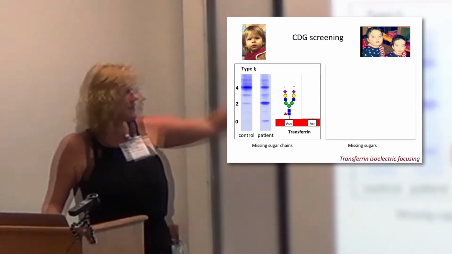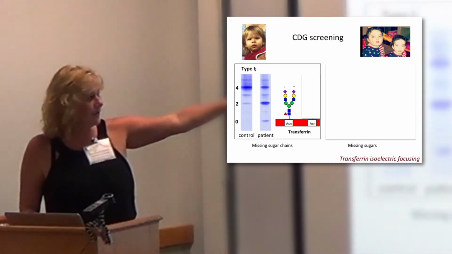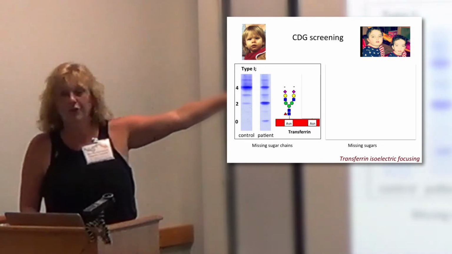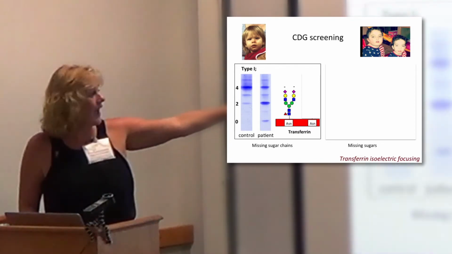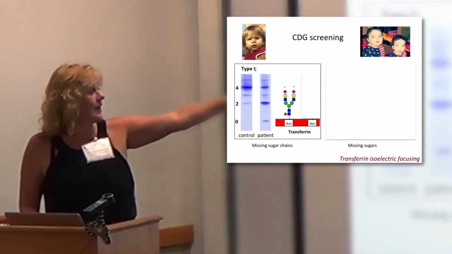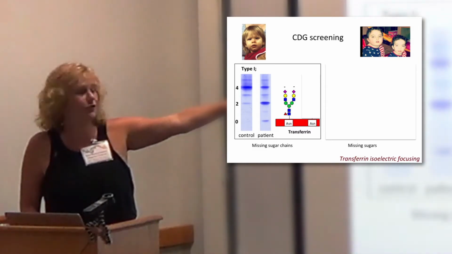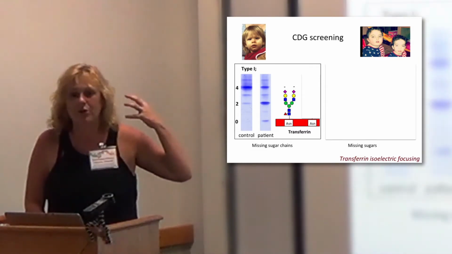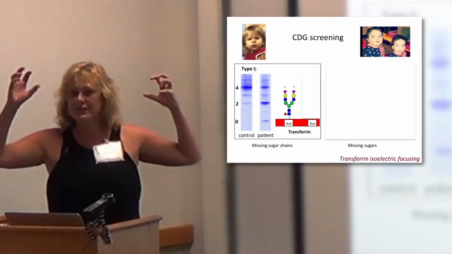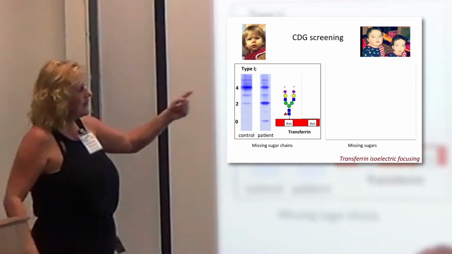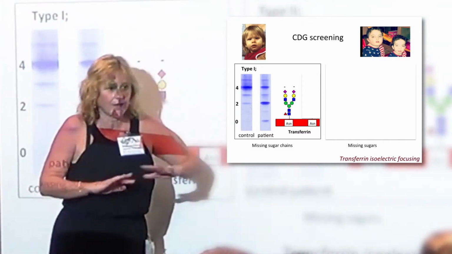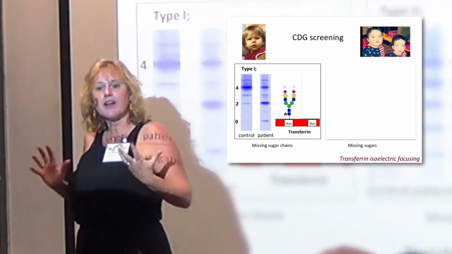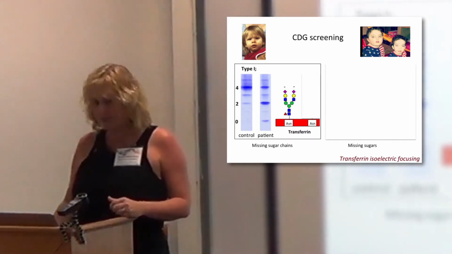As you see, some of the glycans on that protein have 3 negative charges, and then you can have a more severe disease, and then you can have just 2 negative charges, or you can miss almost all the end sugars. And depending on that, you will have 3 negative, 2 negative, 1, or nothing at all. So it's a very different kind of disease, type 2 CDG.